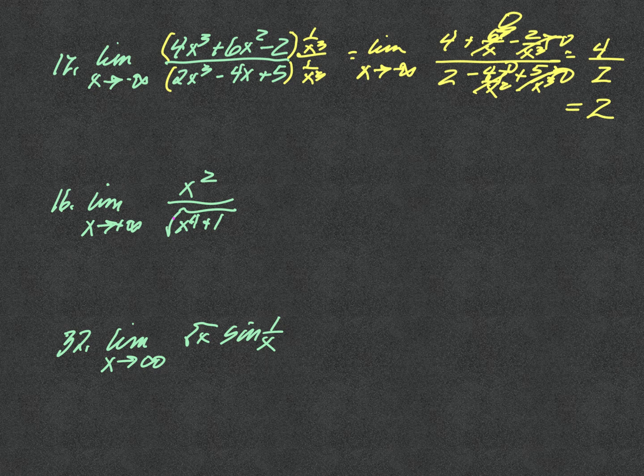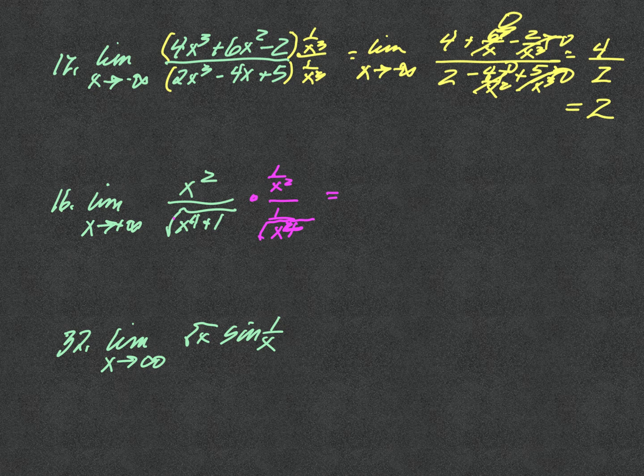And the square root of x to the fourth is x squared. So the reality is we're multiplying this by 1 over x squared over 1 over x squared. Except that the 1 over x squared in the denominator is 1 over the square root of x to the fourth. Okay? Now notice that's still 1.